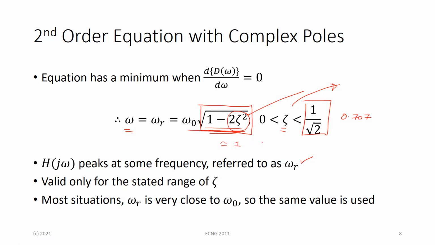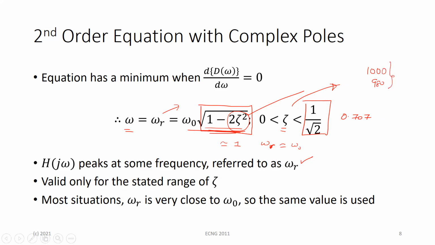So that omega r is approximately equal to omega 0. When you plot it on a log scale, just for argument's sake, if omega 0 was 1,000 hertz, you might find that the resonant frequency, omega r, where the peak occurs, might be on the order of 980.